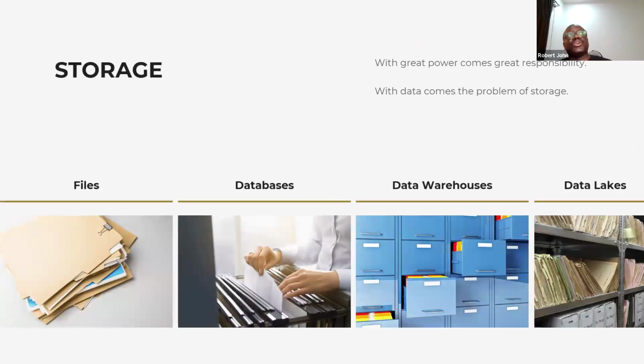Okay, so now let's talk about storage. We've talked about data, we've talked about the 4 V's. The question becomes, how do you store the data? Now, remember that we talked about variety, right? You've got data coming from different places, but all your sensors are not the same. So there's data that you collect periodically.